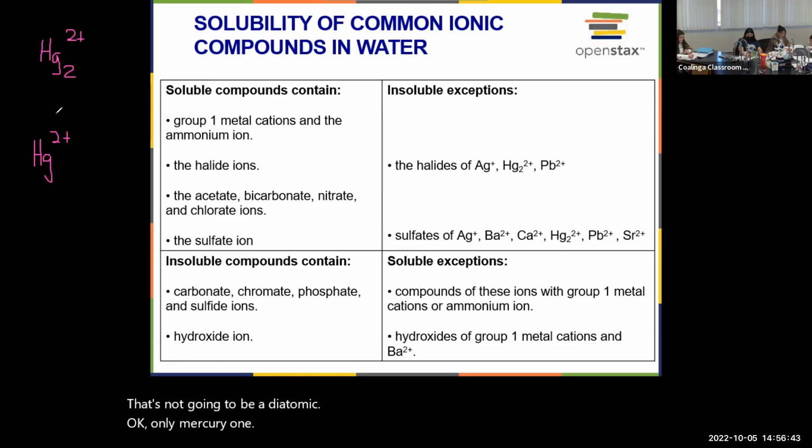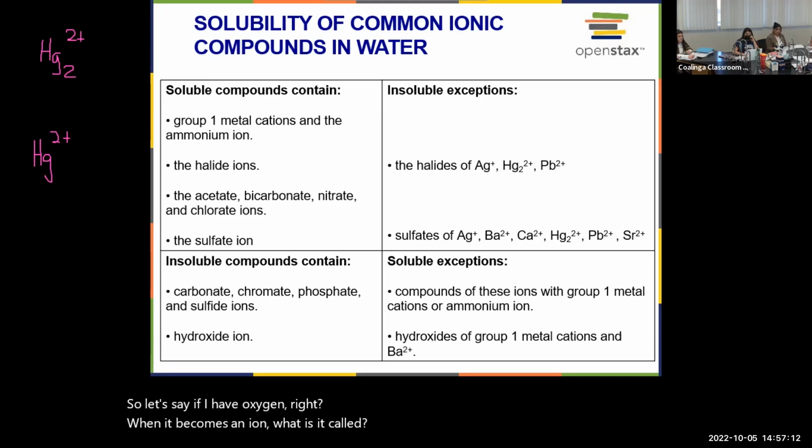Okay, so halides, when they're with mercury 1, they're insoluble. Do you guys know what halides are? What are the halogens? Let's say I have oxygen. When it becomes an ion, what is it called?